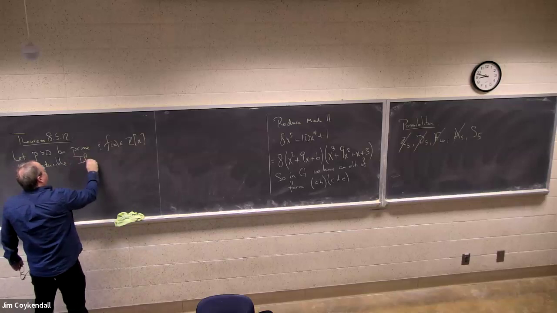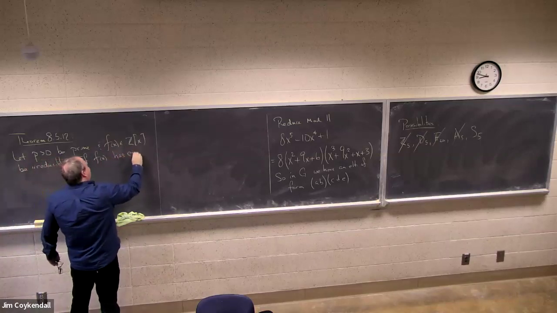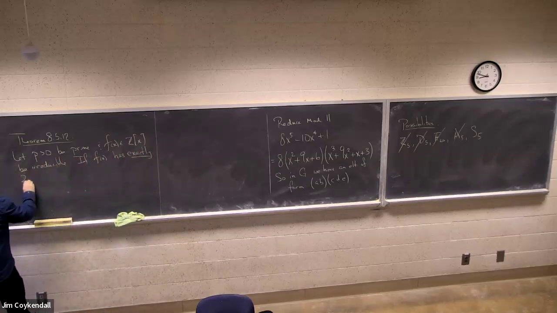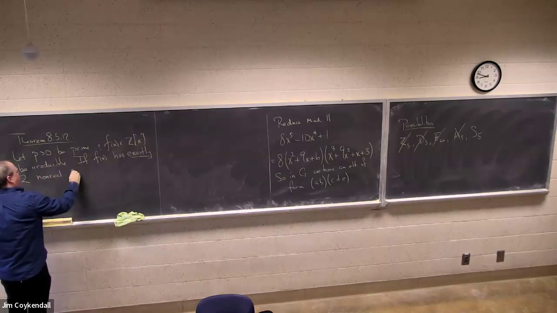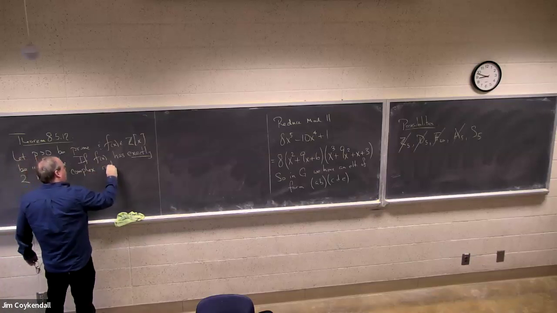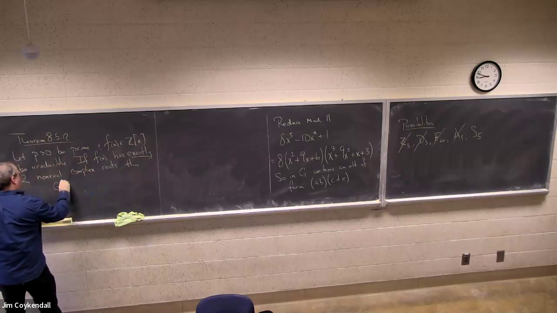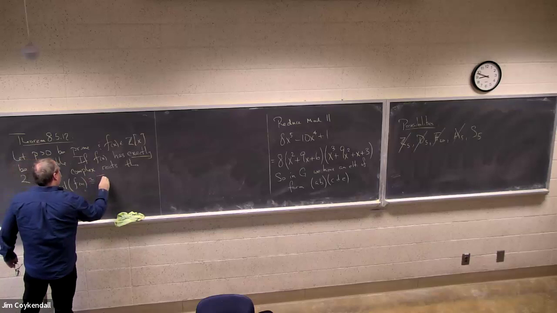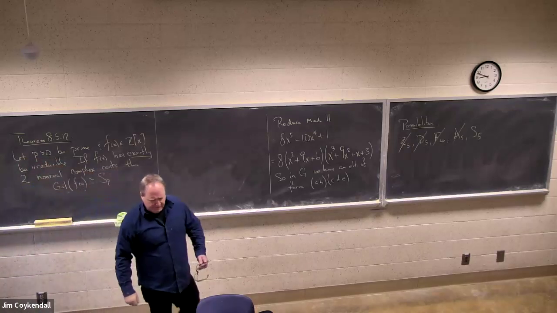If f of x has exactly 2 non-real complex roots, then the Galois group of f of x is the symmetric group on p letters, S_p.